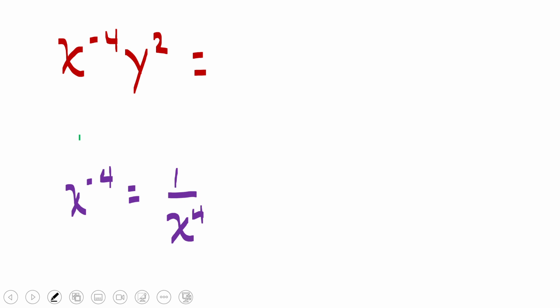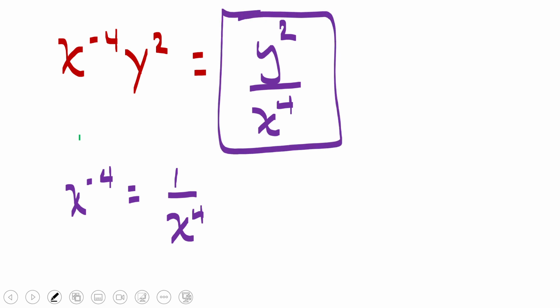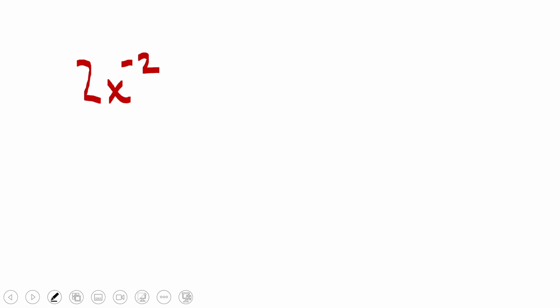When we pop that base x into the denominator, the exponent goes positive, and vice versa. So what we have is y squared still left in the numerator, x to the 4th power in the denominator for our final presentation. So use the reciprocal of those negative exponents.